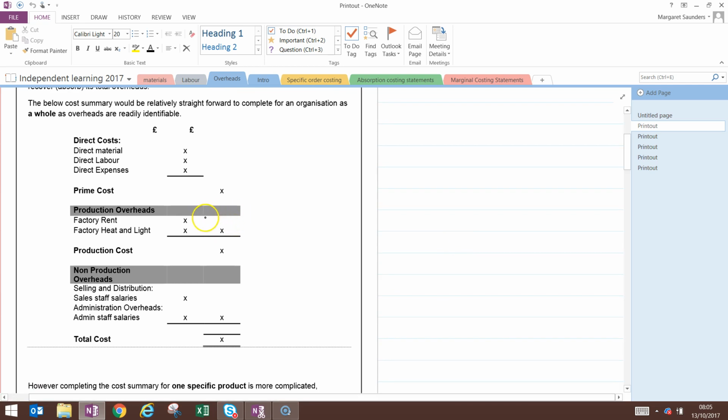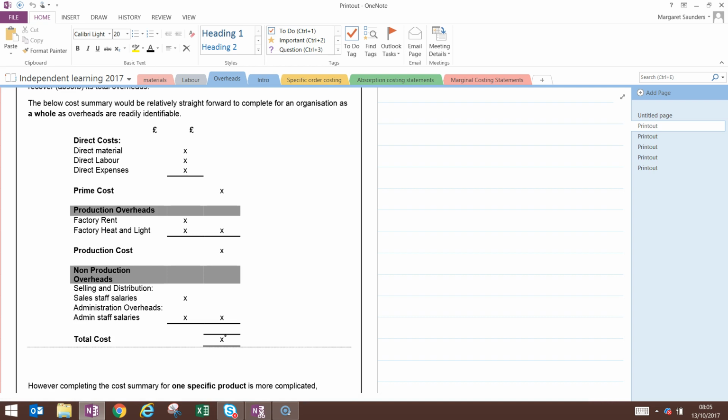We could be adding the factory rent, the factory heat and light. That gives us the production cost. Then we add our non-production overheads. For example, the selling and distribution overheads, or the administration overheads. And then we get the total cost of producing our product.